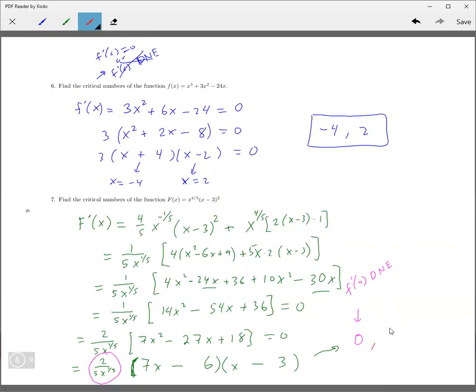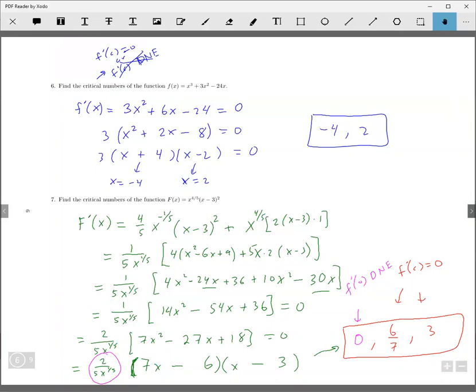If you solve this, you get 6 over 7, and this one gives you 3. For those two, the derivative is 0. Any questions about that? Okay, great. Let's move on to the next one.